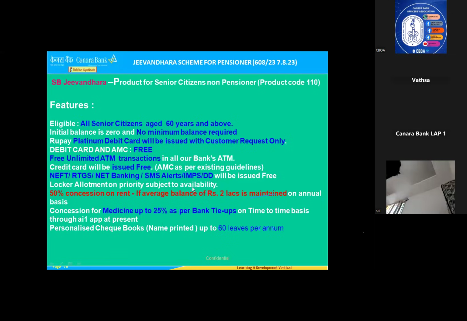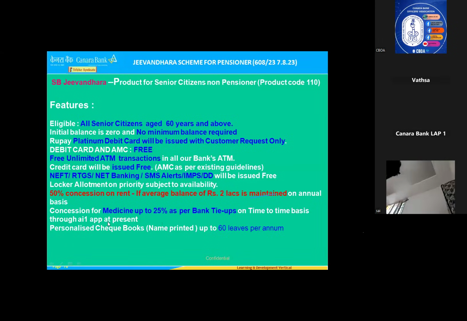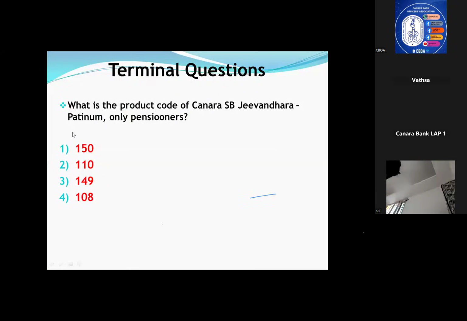Okay, if the pensioner or senior citizen is maintaining 2 lakhs in SB, then the locker concession is 50%. Okay, medicine 25%. Personalized checkbooks 60 leaves. In the diamond category it was 60 leaves, and in the platinum category it was unlimited. Okay, the product code for SB Platinum is 150.